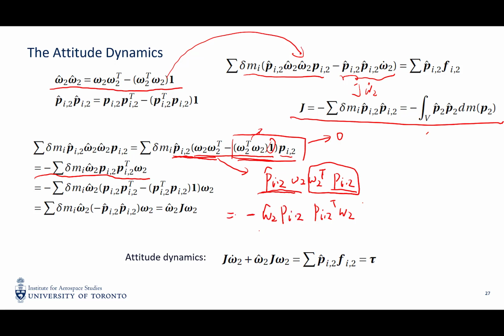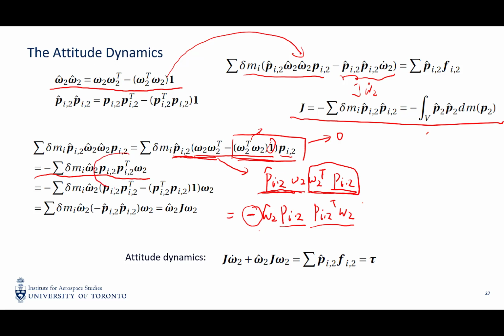So now we swap the inner product, so that omega 2 transpose times pi2 is pi2 transpose times omega 2. But for the cross product here, we swap, so now it equals omega 2 hat times pi2, but with a negative sign here.